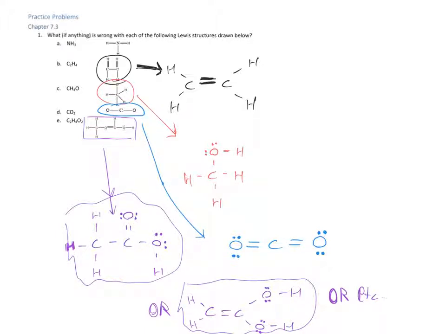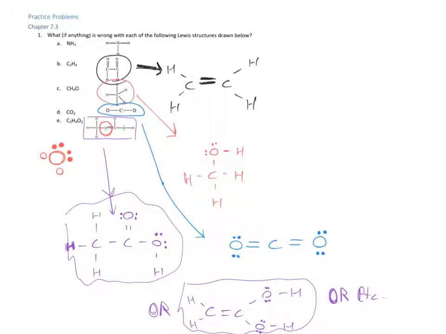Now, what exactly is wrong with E? It doesn't really seem like there's much wrong with the structure that they gave us, but the key lies with this oxygen right here. While it's true that the total valence electrons around this structure is exactly as it should be, and that this oxygen does have its octet, if we remember what the Lewis structure looks like for oxygen, like we drew earlier, we should have 2 lone pairs, and only 2 electrons that are unpaired and available for either a double bond or 2 single bonds.